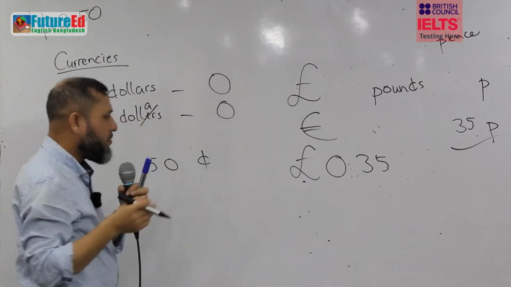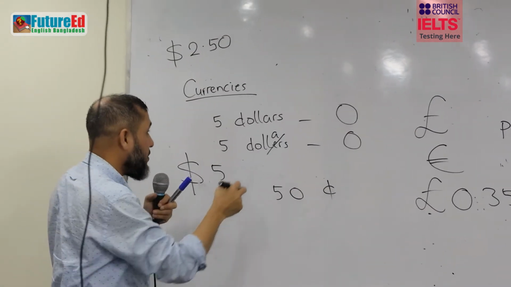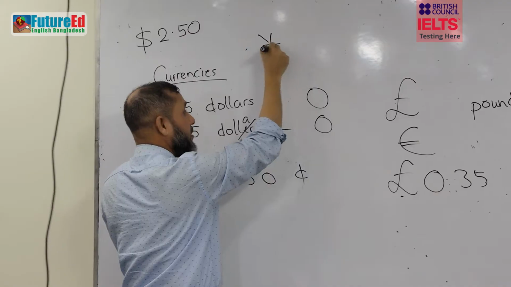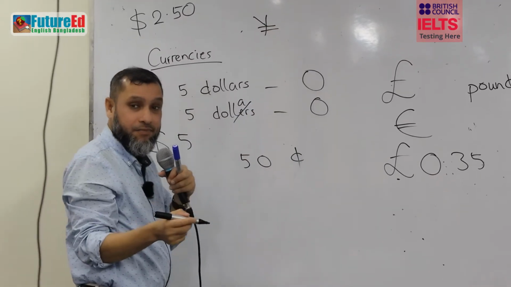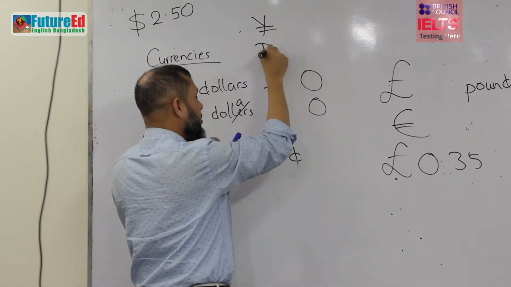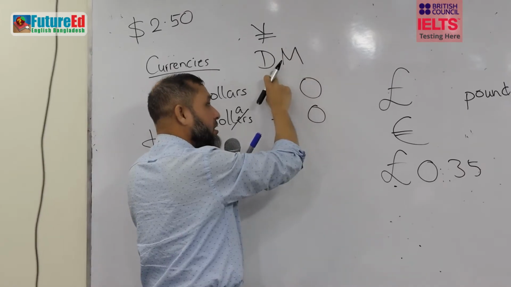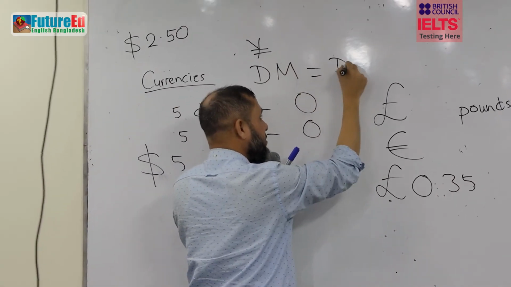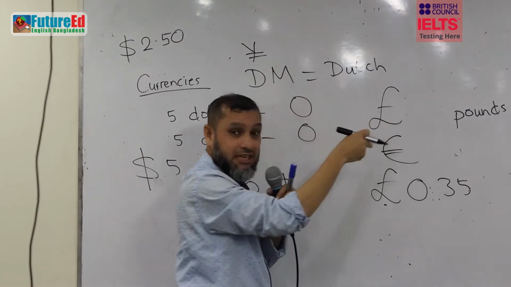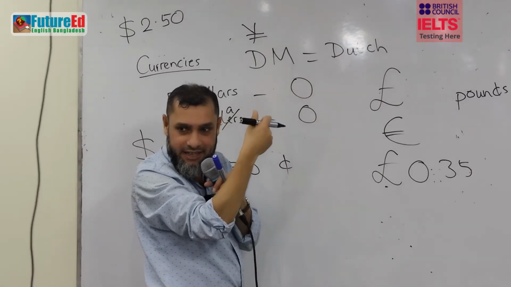Okay. The other common IELTS currencies are Japanese yen. Learn how to write yen. Deutsche mark, DM. How do you spell Deutsche? D-E-U-T-S-C-H. Not Dutch, that's from the Netherlands, right?